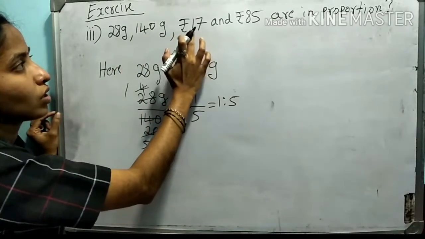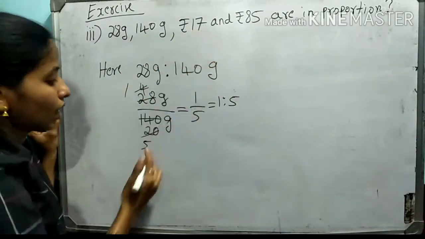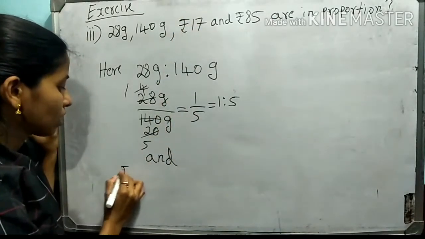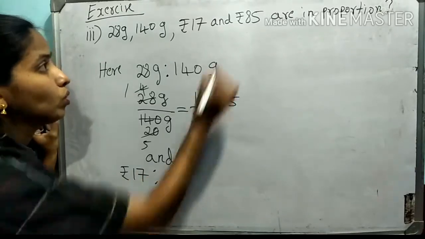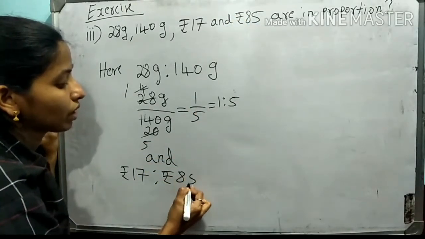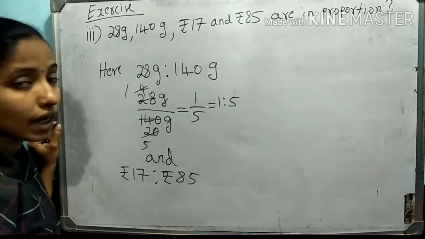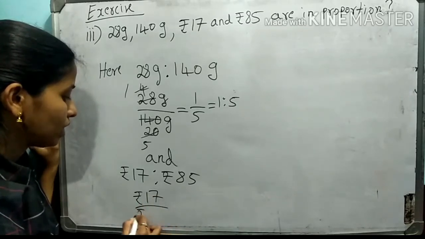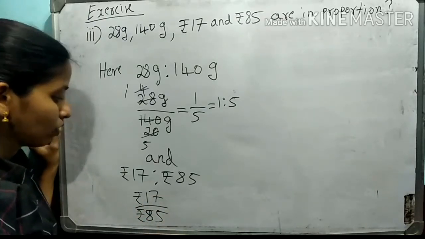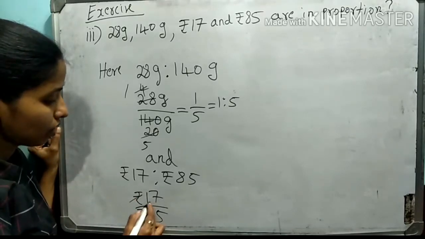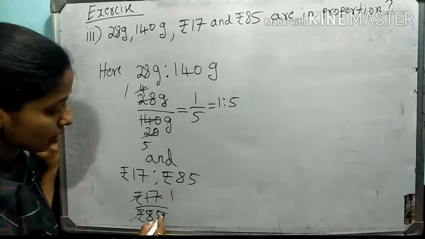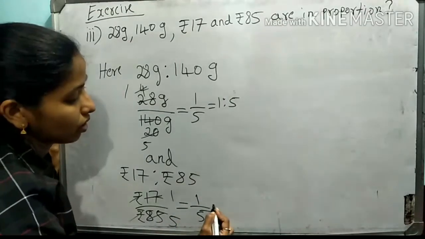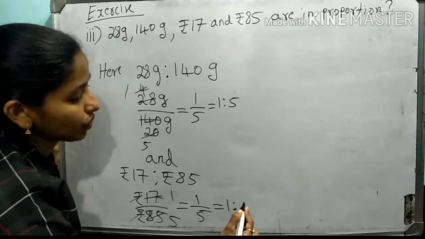Now the second ratio, rupees 17 is to rupees 85. We can write this as rupees 17 divided by rupees 85. Here rupees get cancelled. 17 ones are 17, 17 fives are 85. So this is equal to 1 by 5. It is equal to 1:5.